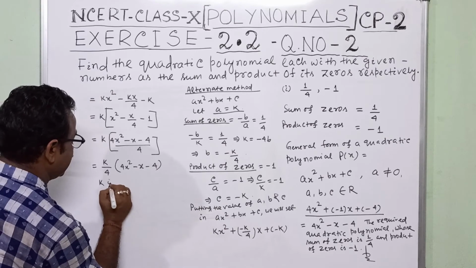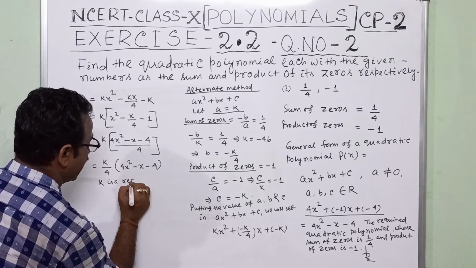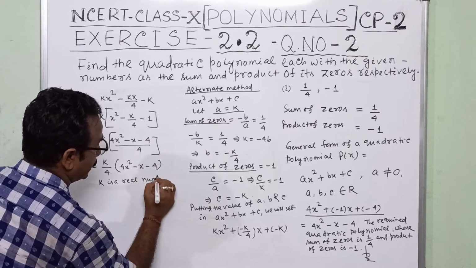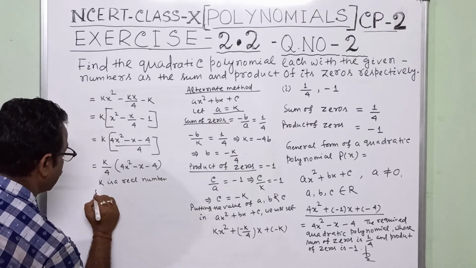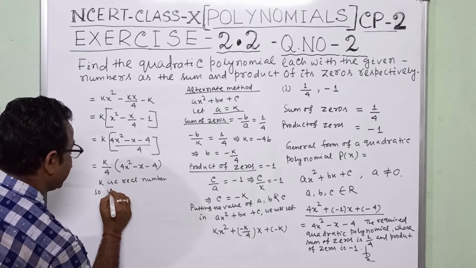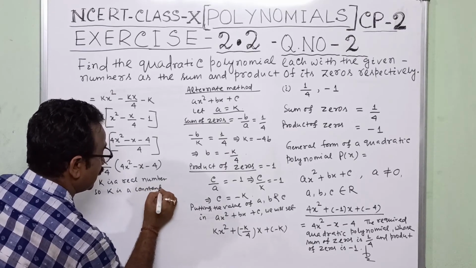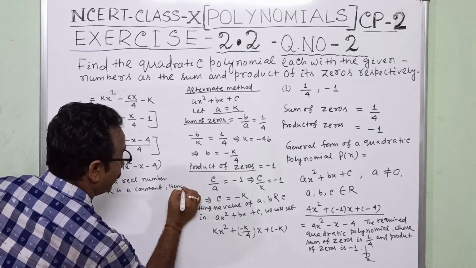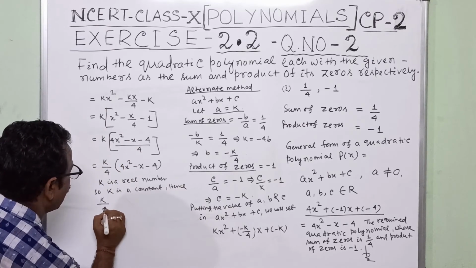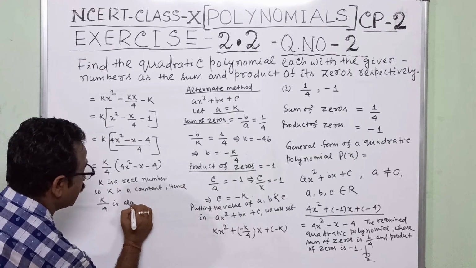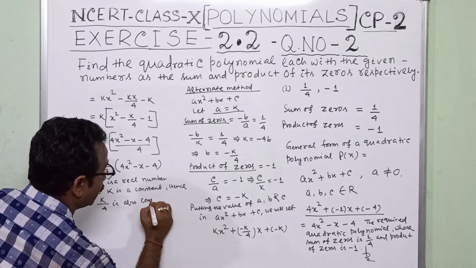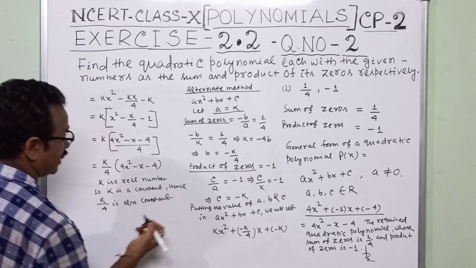K is a real number. So k is a constant. Hence k by 4 is also constant.